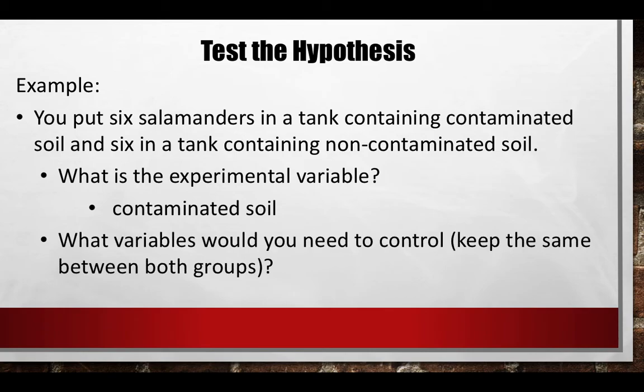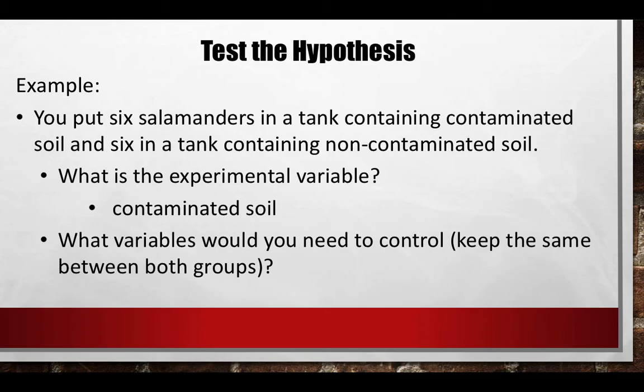But now what we have to think about are the variables that we need to control, the variables we need to keep the same between both groups. So if we had 6 salamanders in one tank with contaminated soil and 6 in a tank containing non-contaminated soil, what things would we want to make sure were the same between both groups of salamanders?